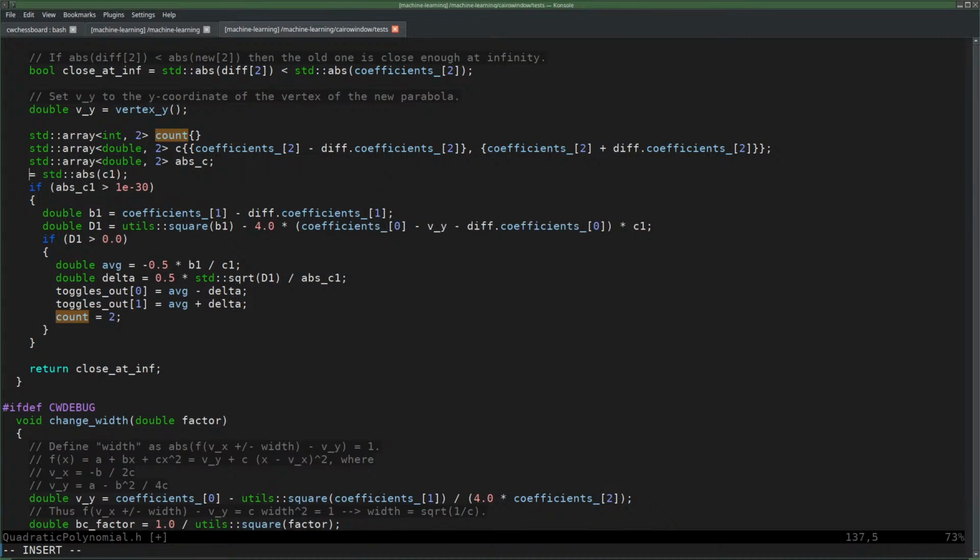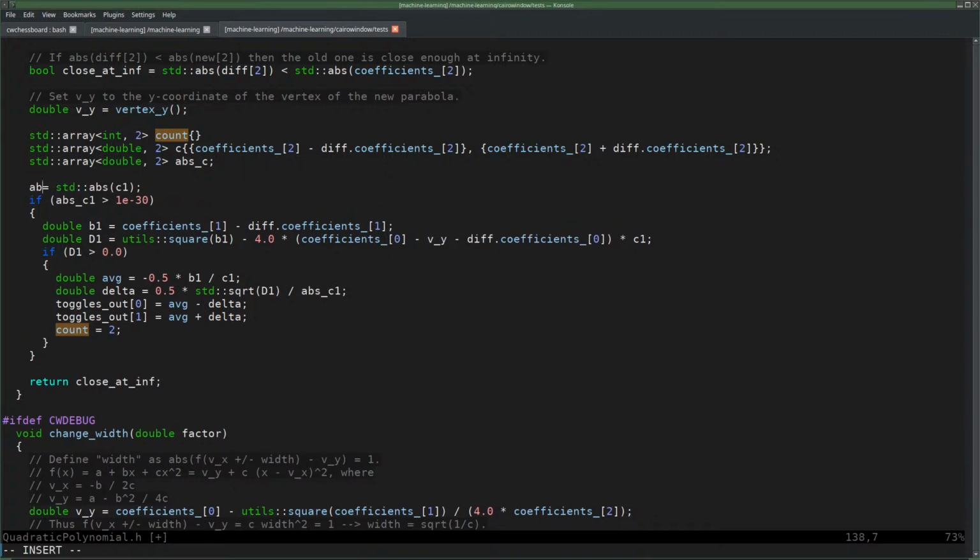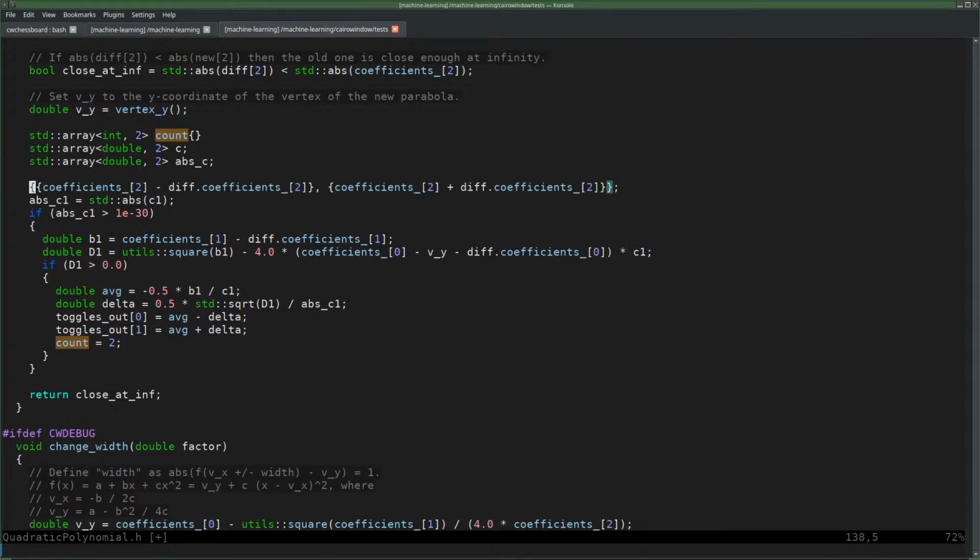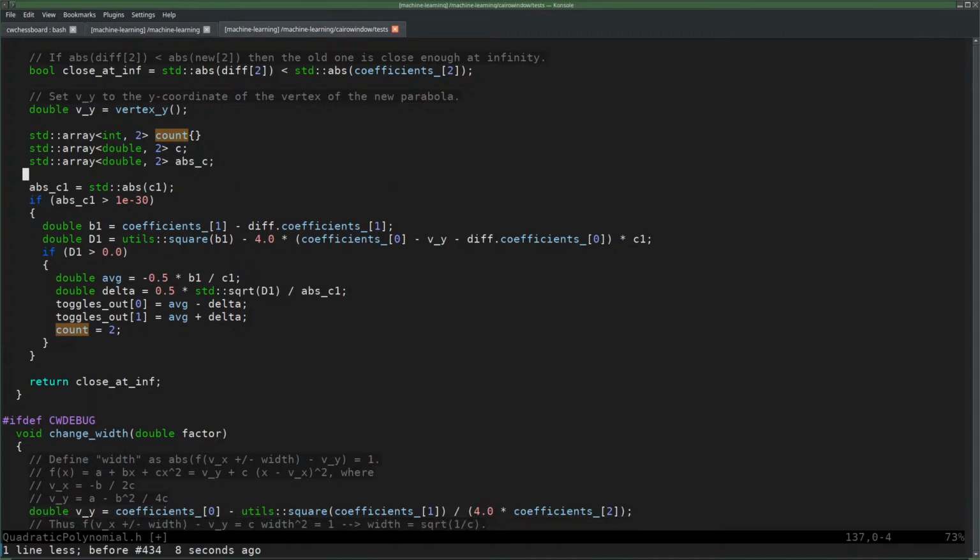No, let's do it on the stack first. This on stack should not be initialized. Although it's probably faster to initialize it.